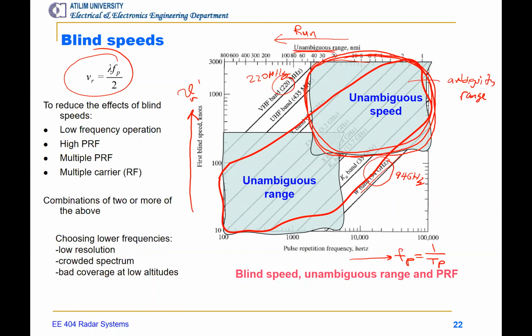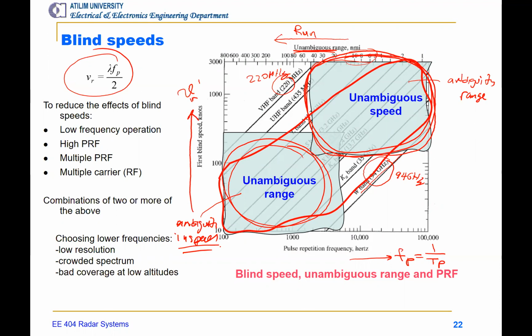Why? Because you see the unambiguous range here goes down, and we talk about only several tens of nautical miles. So whenever the range is unambiguous, we have speed ambiguity. Whenever we have unambiguous speed, we have range ambiguity.